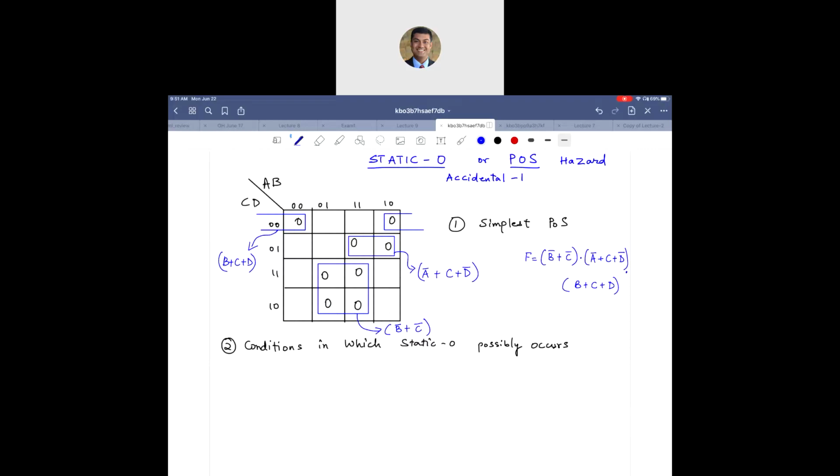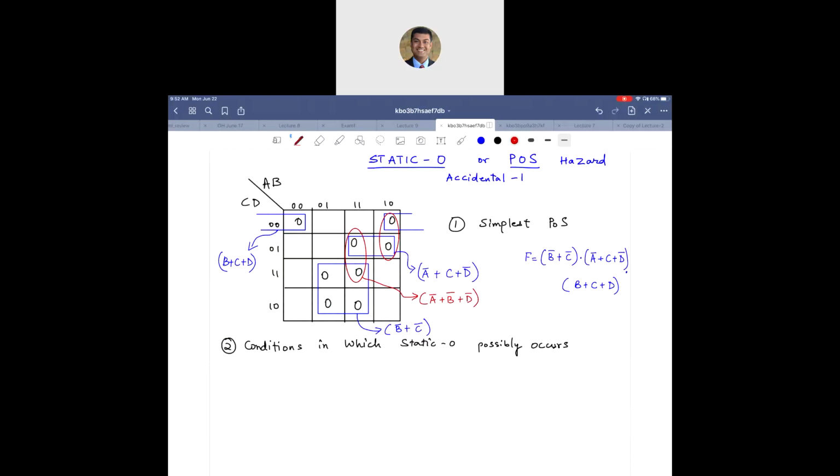Now, where are the redundant prime implicants in the POS form? There are going to be two of them. One is right here, and the other one is right here. For this guy, it is going to be A is a 1, B is a 1, D is a 1.